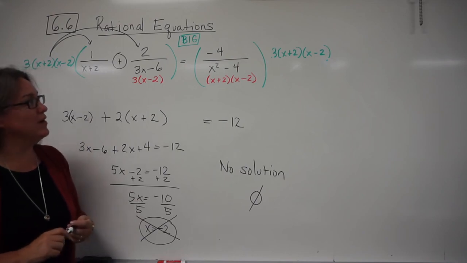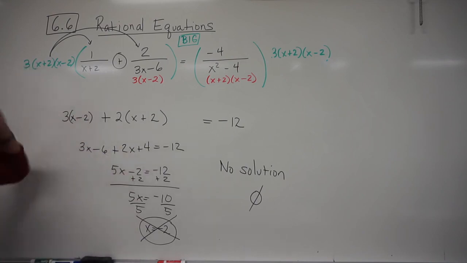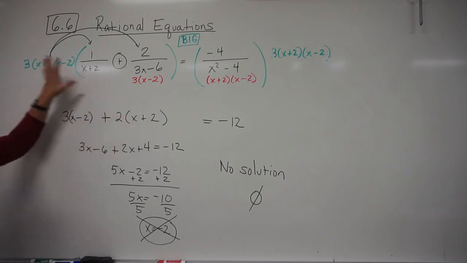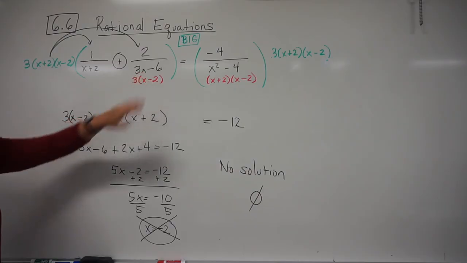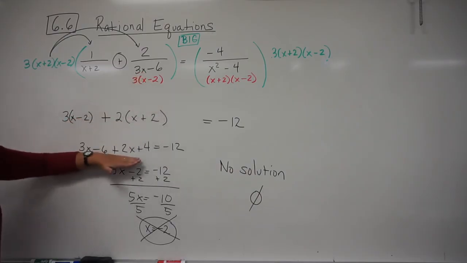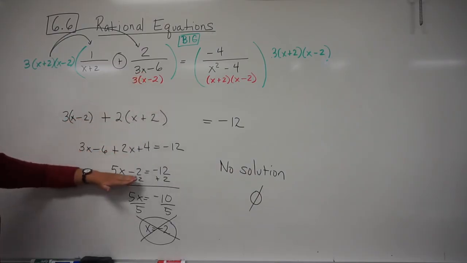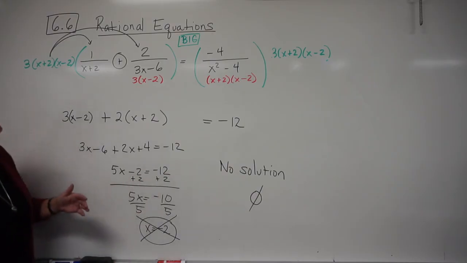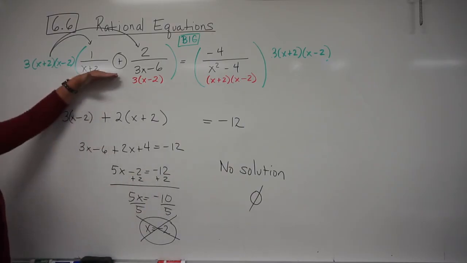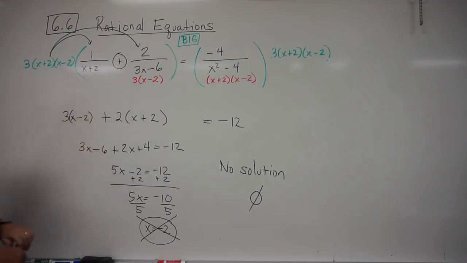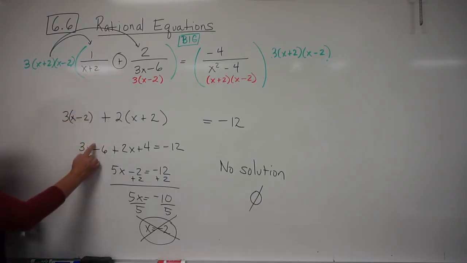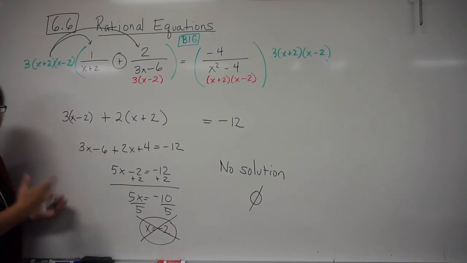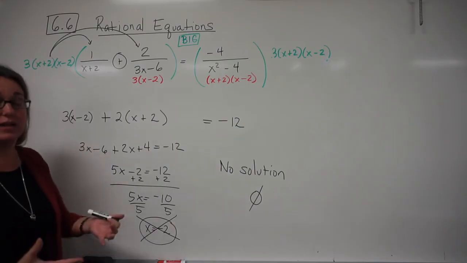I do have one final comment as we wind this one up. All of the equations that we've gotten, once we made the fractions go away, once we cleared them, we have ended up with linear equations where we're just doing the same thing to both sides. Sometimes, once you clear the fraction, you will have something where you've got a square on one of your x terms and you have a quadratic. If that happens, you're going to need to factor.